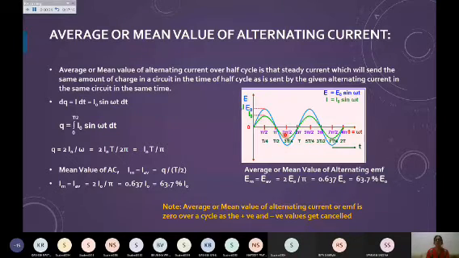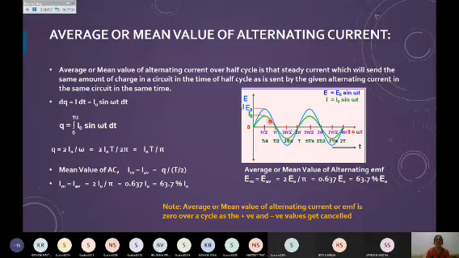So the average value will be 0. And that is why we do not use the same DC voltmeter or DC ammeter for finding the current in AC circuits. For finding current in AC circuits, we have an AC ammeter and AC voltmeter, which will have the symbol of AC on it.